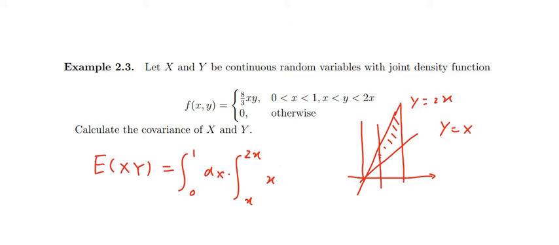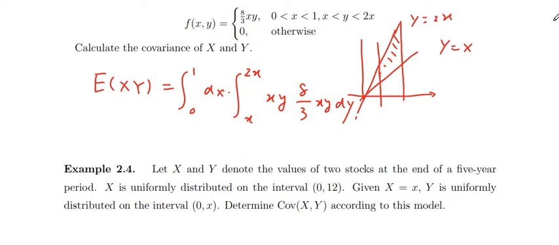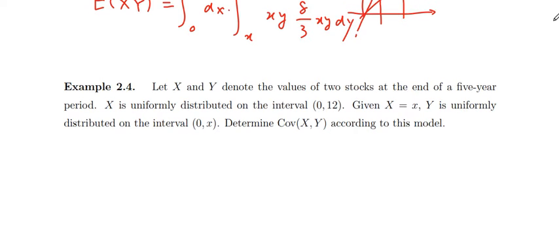Then xy times the density dy. So just do this integration, right? This integration is easy. For this problem, we also need to determine the covariance, so we need to do some calculation or some double integration.